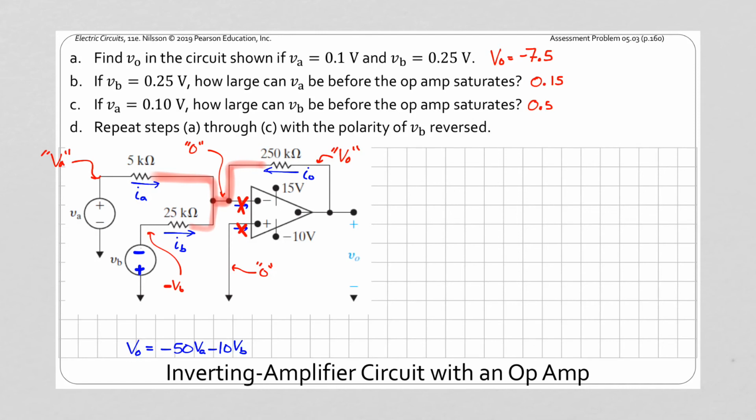We can write our KCL equation just like we did before and analyze the circuit just like we did before. The voltage at that node is now negative VB, but the calculation is exactly the same.